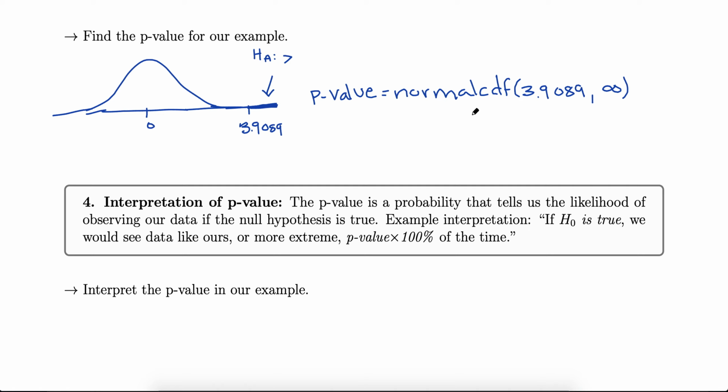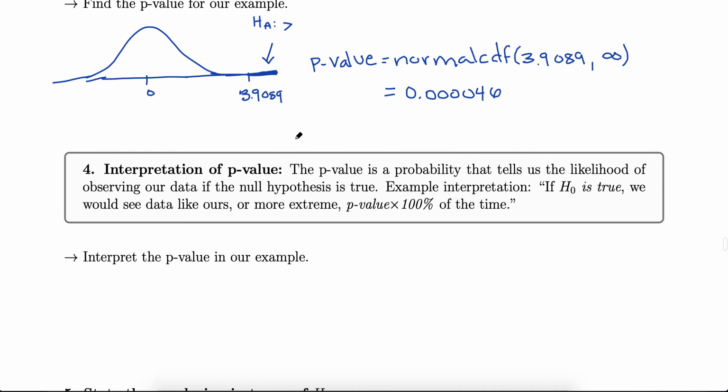That's my or more extreme part. And if you do that, you might see your answer in scientific notation. It just means move the decimal to the left 5 spots. You get 0.000046. Okay, so tiny, tiny chances that we see our data this far away if the percentage really is 11, if 11% of people watch this show.